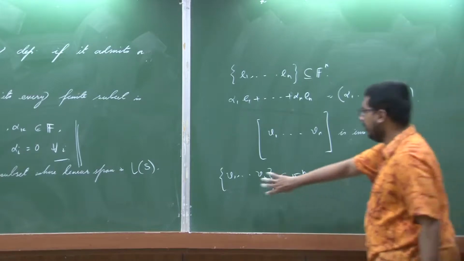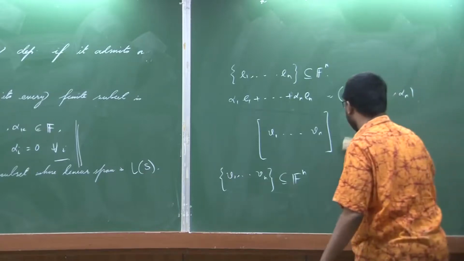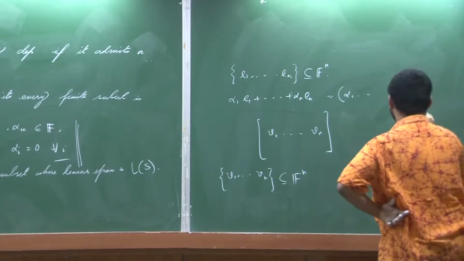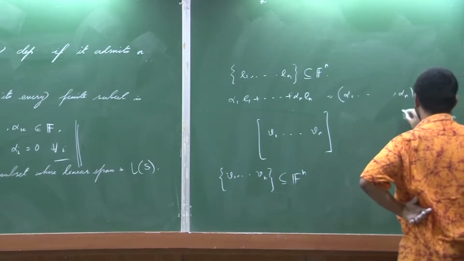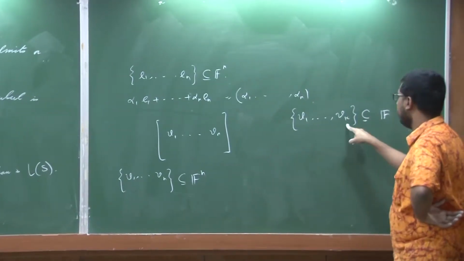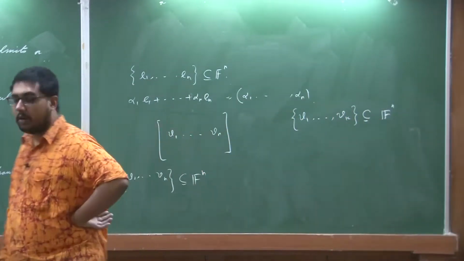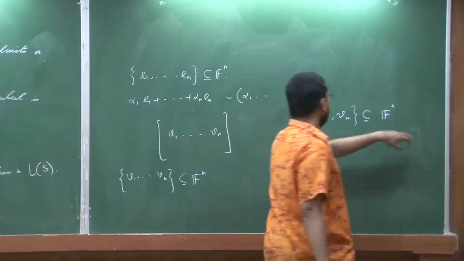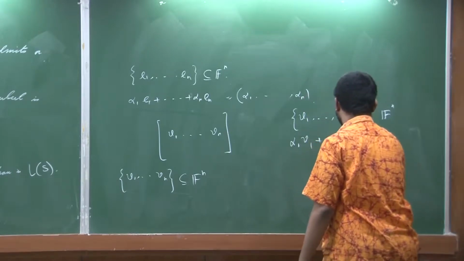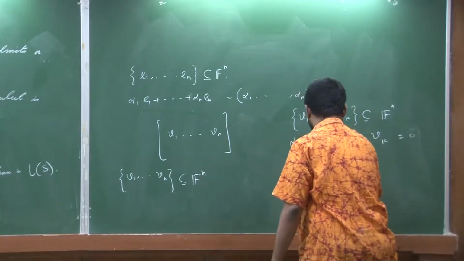So, we see that for such a spanning set, whether this is linearly independent or not is also quite easy to see. In fact, this holds in general for any given subset, k may not be equal to n, a subset of Fn: V1, V2, ..., Vk is linearly independent if and only if each alpha is 0, right.